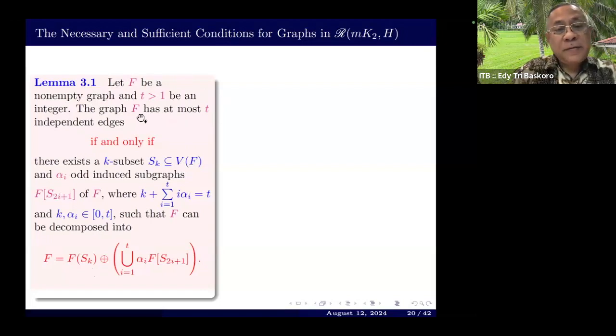The graph F has at most T independent edges if and only if the graph F can be decomposed into a subgraph induced by S_K, which is a set of K vertices, union of some induced subgraphs by outside sets.